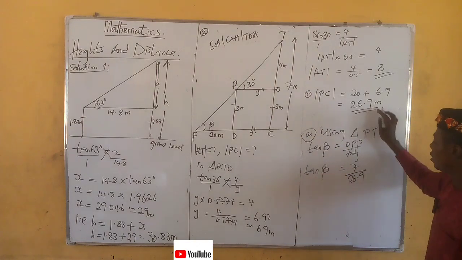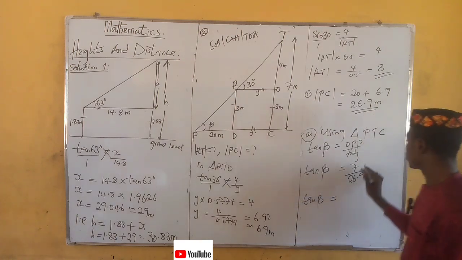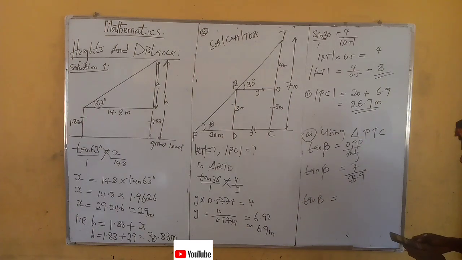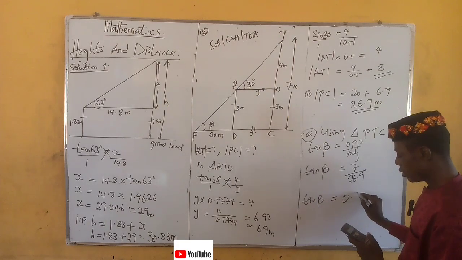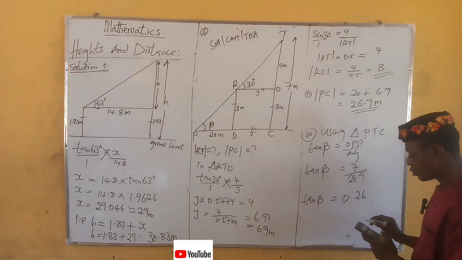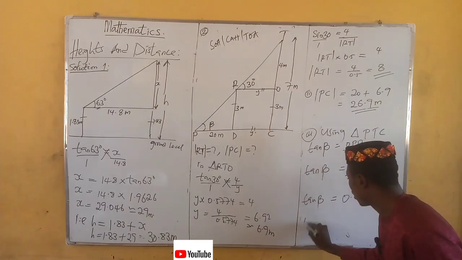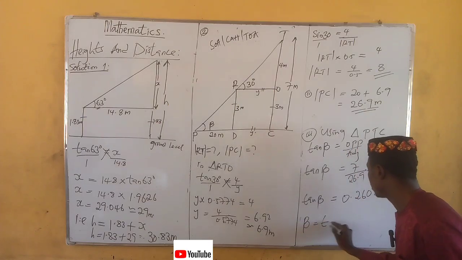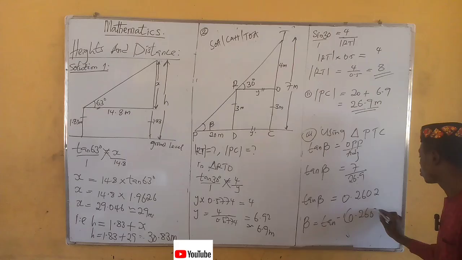26.9. Look at it here. So tan beta is going to be 7 divided by 26.9. We are going to have 0.2602. So our beta will be equal to tan inverse of 0.2602.